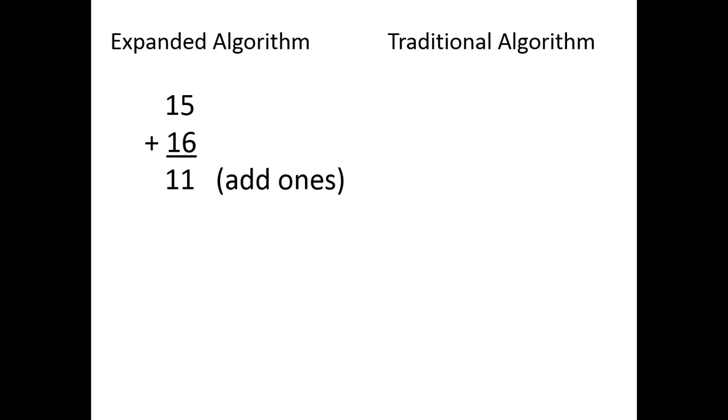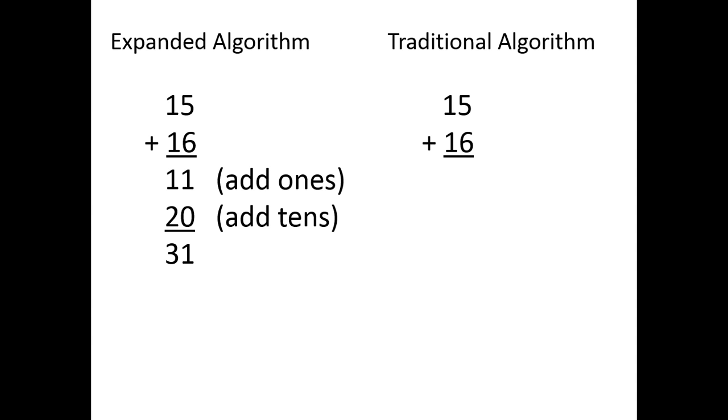Then we can look at the digits in the tens column and recognize that each of those ones in the tens column represent one group of tens. So we have one group of 10 in the 15 and one group of 10 in the 16, which is 2 groups of 10 or 20. So now we have 11 plus 20, which is 31.